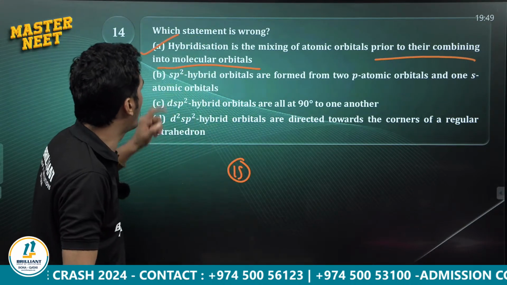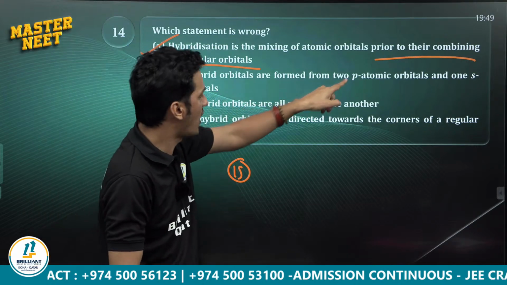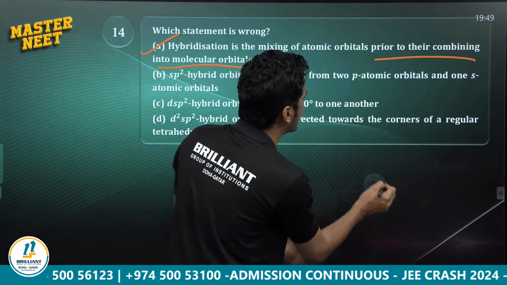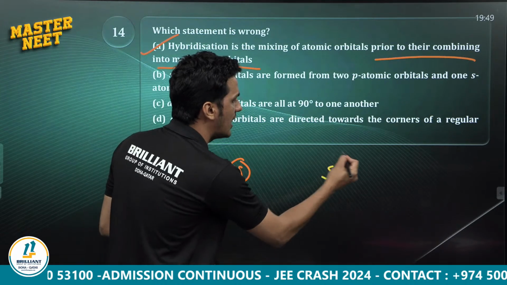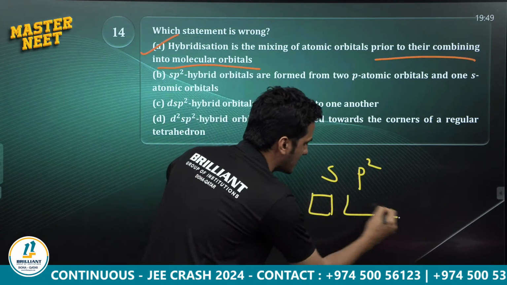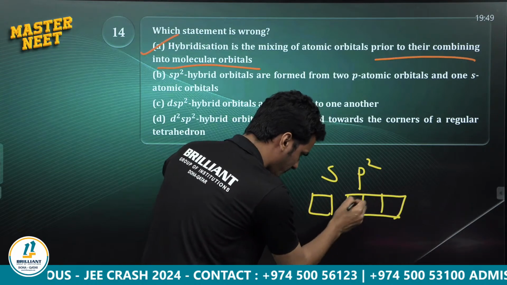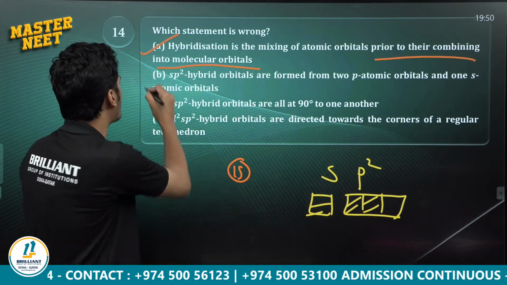That's the concept actually. Then the next one: sp2 hybrid orbitals are formed from 2p atomic orbitals and 1s atomic orbital. That's correct. sp2 means 1s orbital and 2p orbitals; out of the 3p orbitals, 2p orbitals they will take. That is also correct.